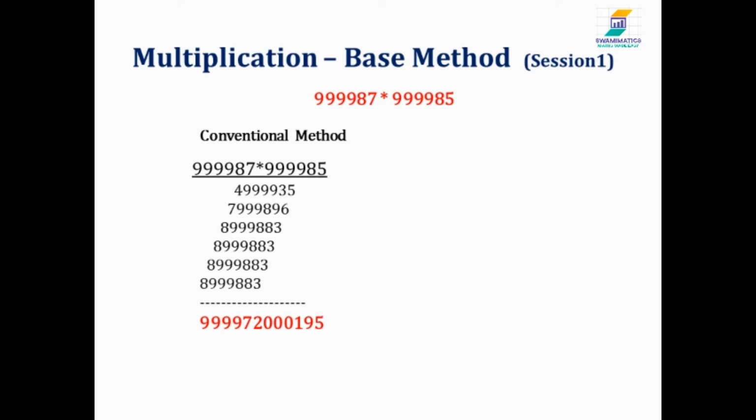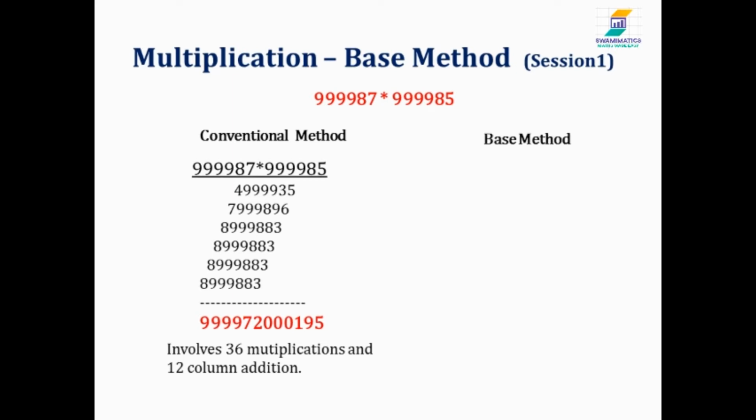Now after multiplying all this, you need to do a 12-digit addition. So in other words, a conventional multiplication involves 36 multiplications and 12 column additions. When you look at it, one can make a mistake in 48 different places in this conventional method.